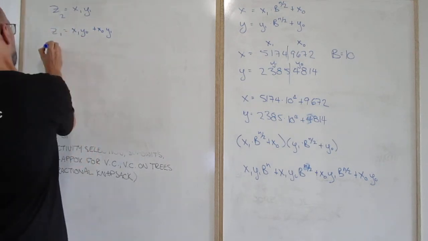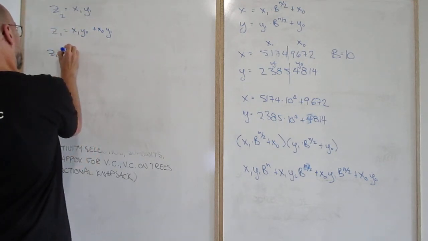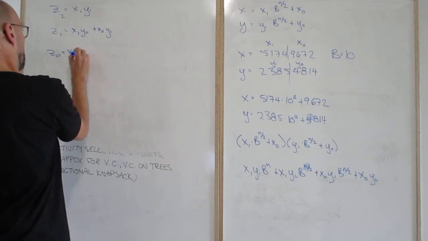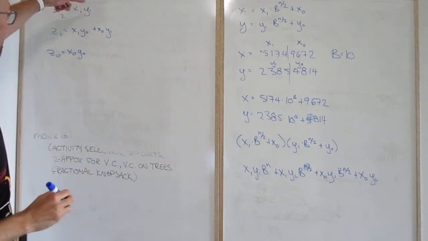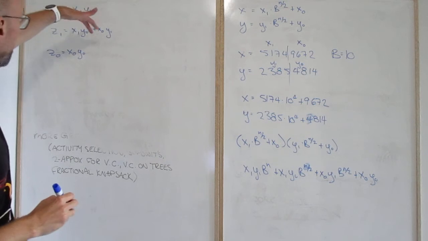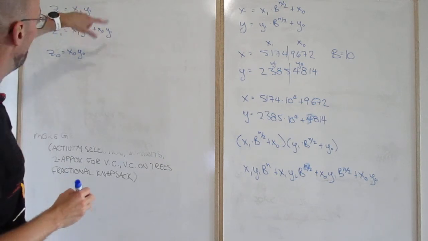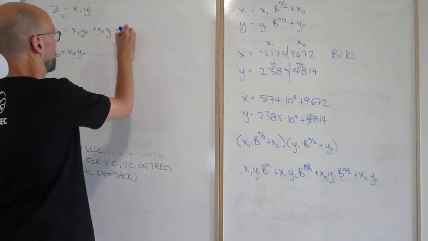And then z0 equals x0 y0. But this is still 4 multiplications.